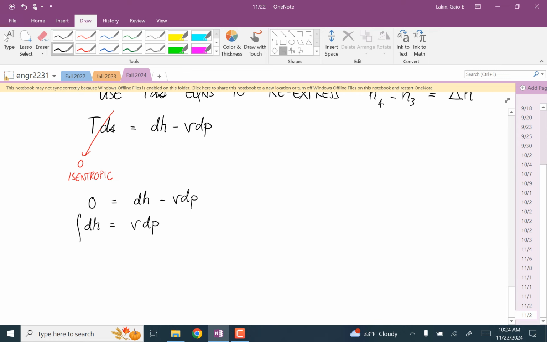And that means we can integrate both sides. And so we get that the change in specific enthalpy is equal to this integral. But notice that v is constant over this whole process, because it's incompressible, so we can pull it out of the integral.